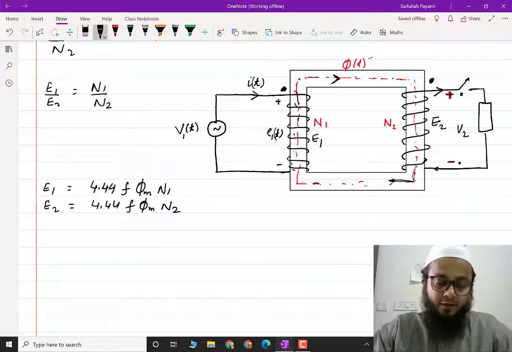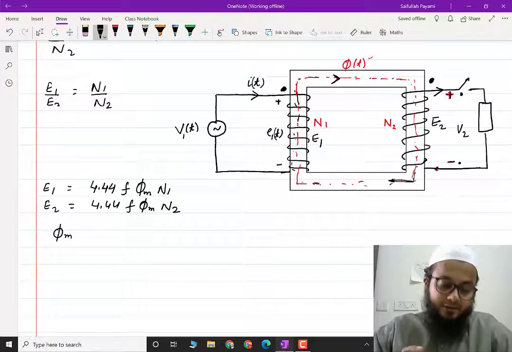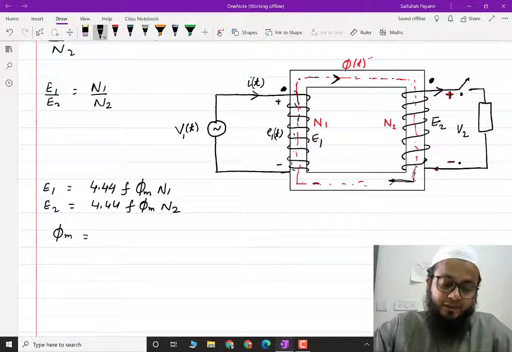As we discussed in one of the previous lectures on magnetic circuits, the applied voltage and the frequency are important, and that applies here as well. The flux in the machine, whether you take it from the primary side or from the secondary equation, would be E1 upon 4.44 f N1.